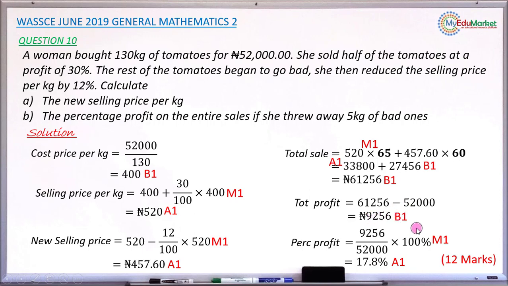And when you substitute in an attempt to find the percentage profit, that is the profit over the cost multiplied by 100%, if your substitution is correct, you have this method one mark. And finally, if you have the percentage profit as 17.8% correctly, you have this accuracy one mark. So in total, this question has 12 marks.